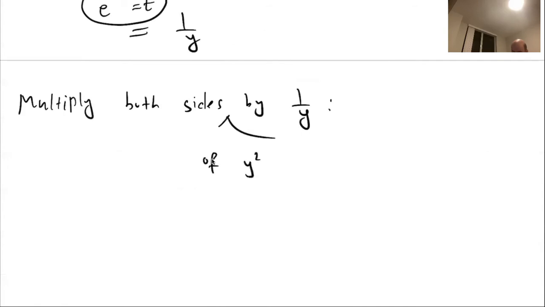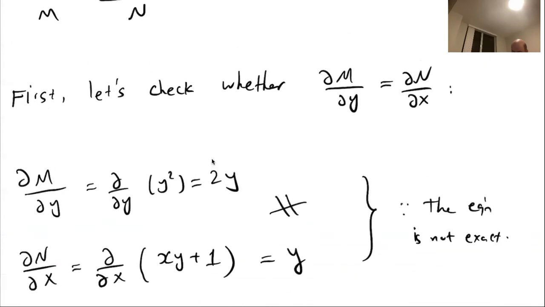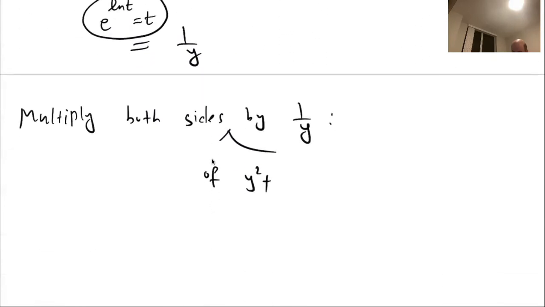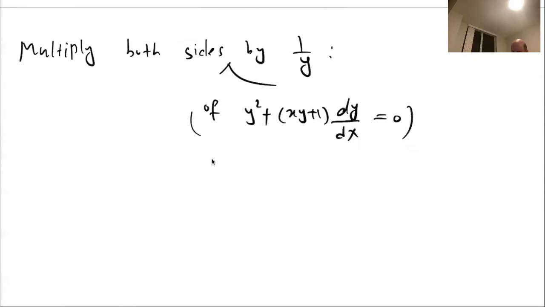The equation was y squared plus xy plus 1, dy to dx equals 0. And I'm multiplying both sides with 1 over y, then I'll get y plus xy plus 1 over y, dy to dx equals 0.